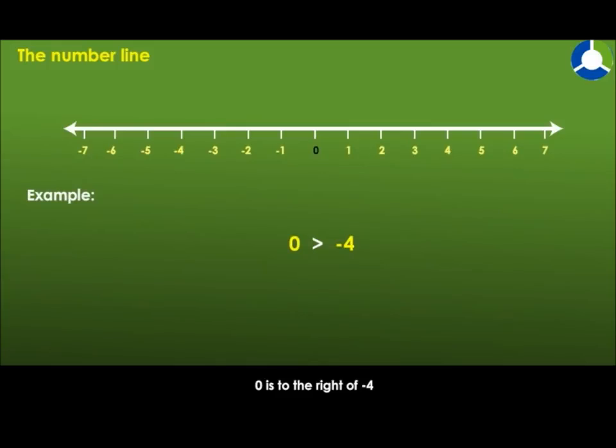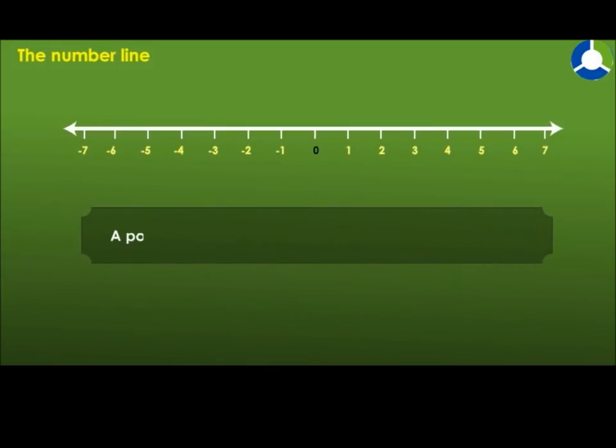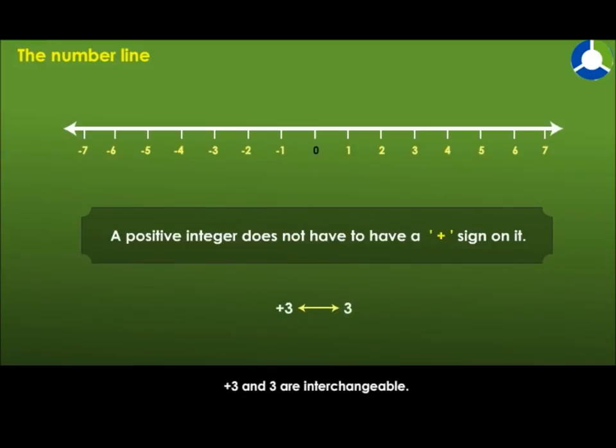Therefore, 0 is greater than negative 4. Note, a positive integer does not have to have a positive sign on it. For example, positive 3 and 3 are interchangeable. A positive integer may be written with or without a sign.